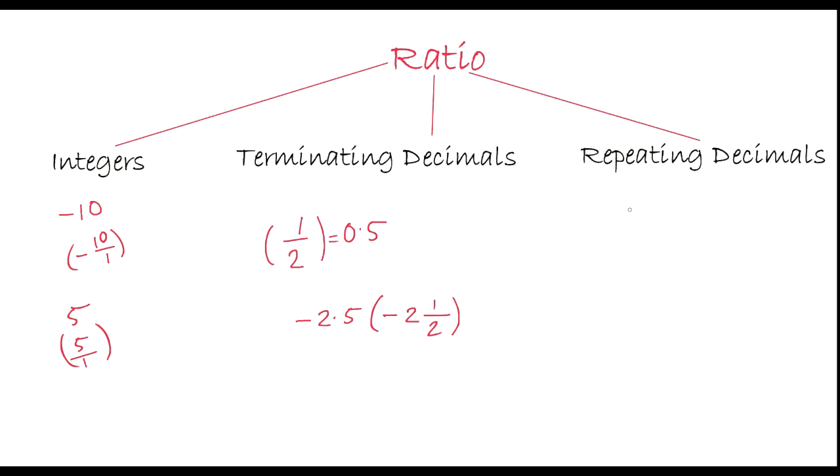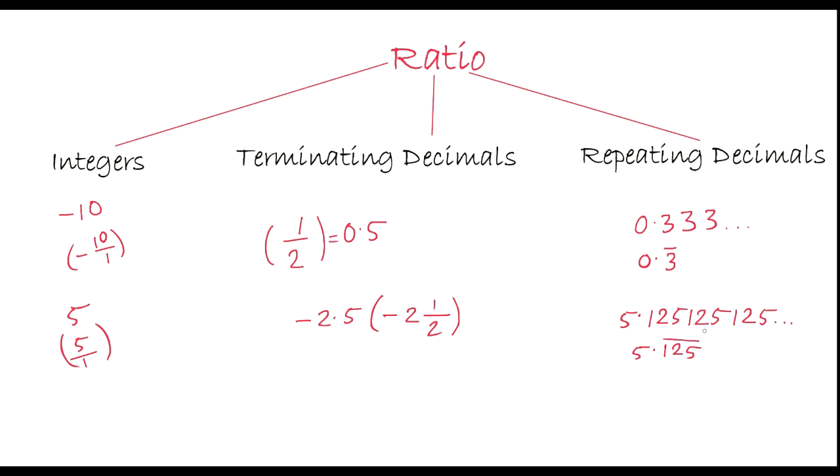Repeating decimals like 0.333... or 0.3 with a bar, or 5.125 with a bar over 125, that means it can be written as 5.125125125 and so on.